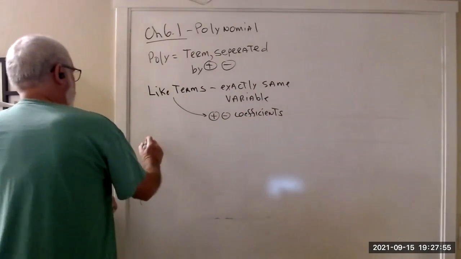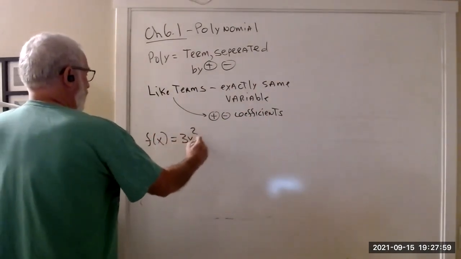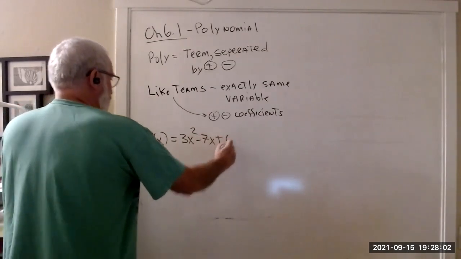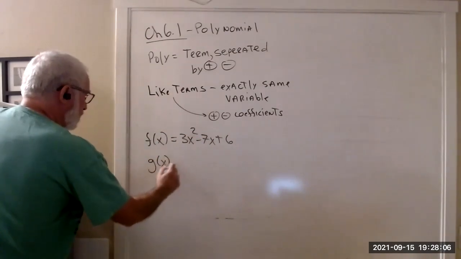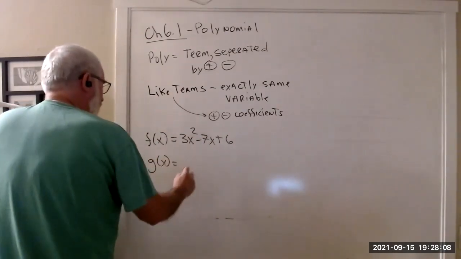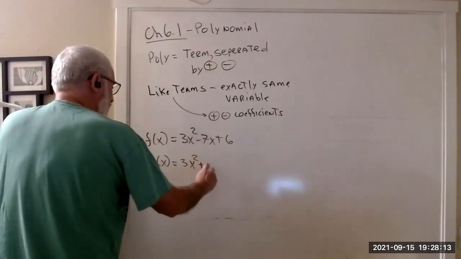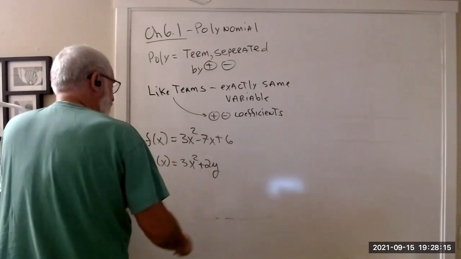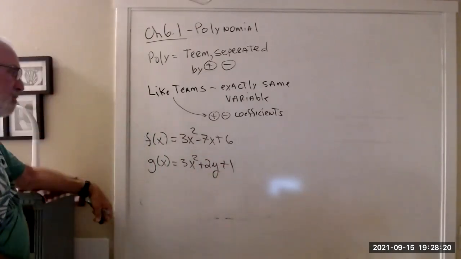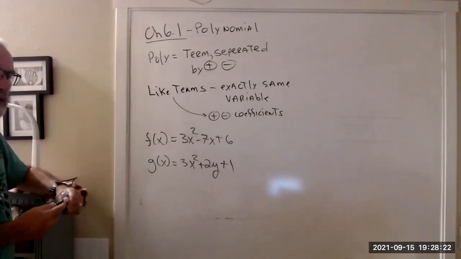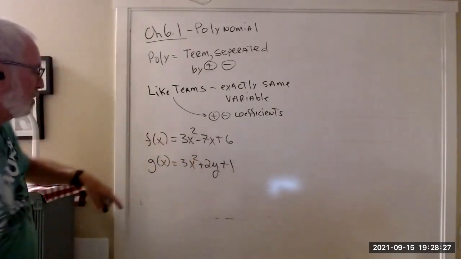Suppose we write a function f of x equals 3x squared minus 7x plus 6, and g of x equals 3x squared plus 2x plus 1. Excuse me, I'll make this 2x instead of 2y. Don't want to get too weird. So remember, we call these functions. This was f of x, and it follows this rule.